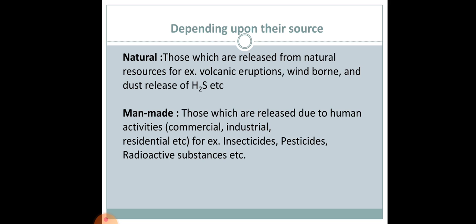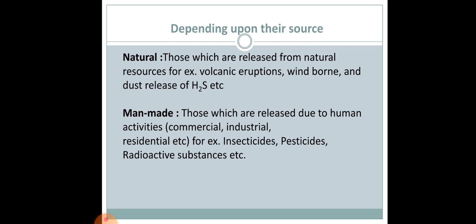Now again depending upon the source, the pollutants may be classified as natural pollutants and man-made pollutants. Any pollutant that is released from natural sources like volcanic eruptions, wind-borne matter, and other forms, we call a natural pollutant.